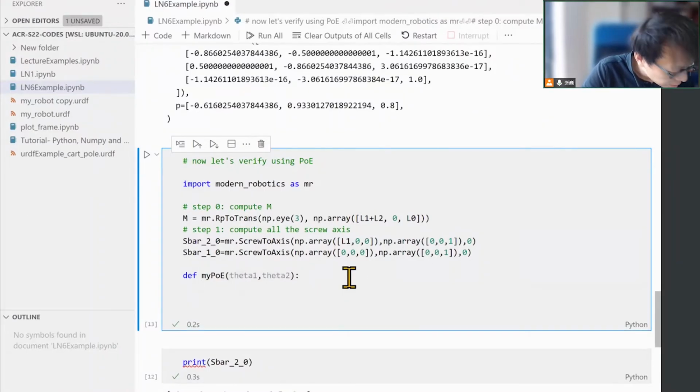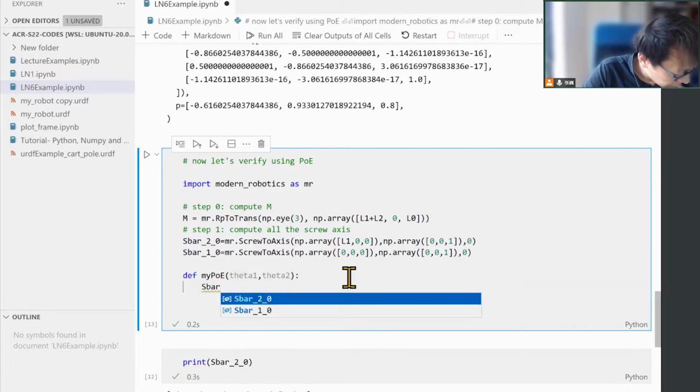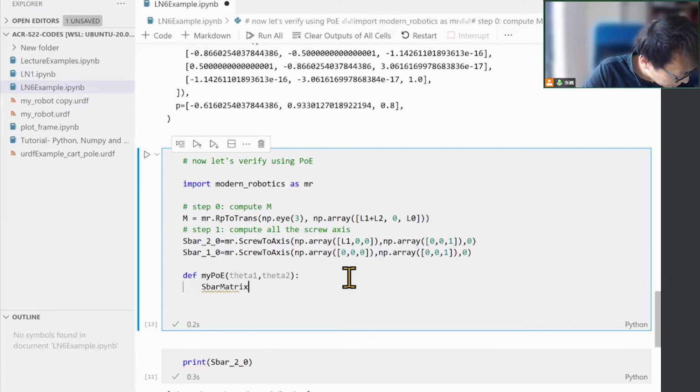And S bar, the matrix representation of the screw axis, is S bar 2 in 0.